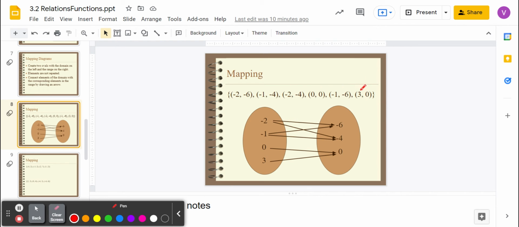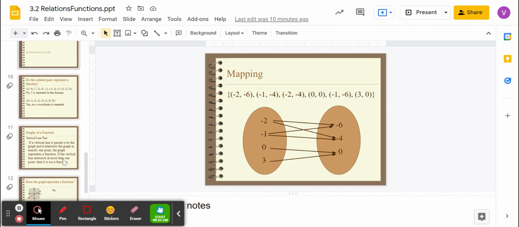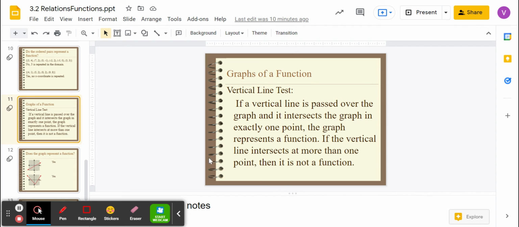You want to connect all of your ordered pairs. Now again, if you notice the x's repeat, it's not a function, so the -2 repeats and the -1 repeats. Now you can also just look at your mapping diagram. If you have two lines coming out of an x value, you know that it's not going to be a function.